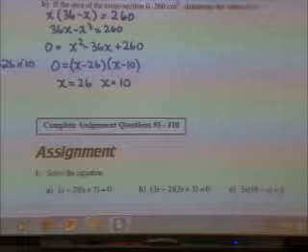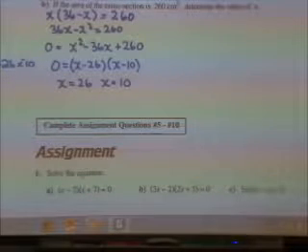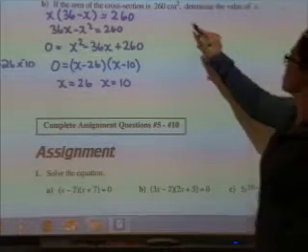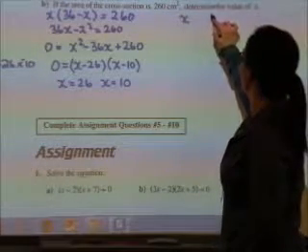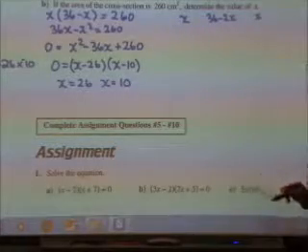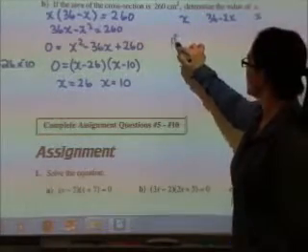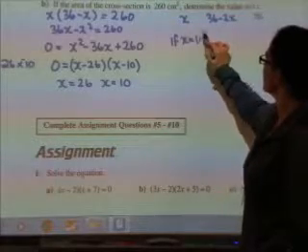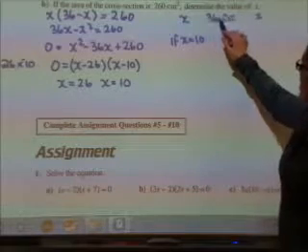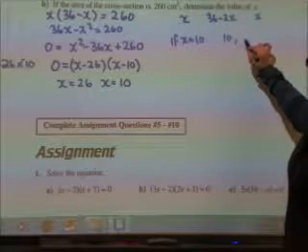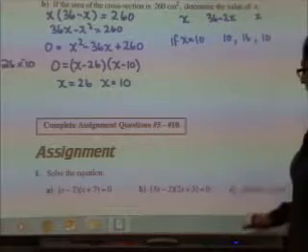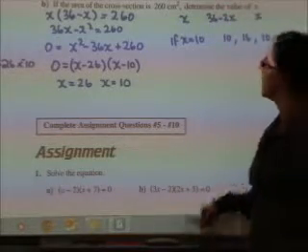If I go back to the previous page and look at the length of that cross-section, or that rectangular area, remember it was an x, then a 36 minus 2 x's, and another x. So if x equals 10, I get a 10, and 36 minus 2 of those 10s would be 36 minus 20. I get a 16, and I get another 10.